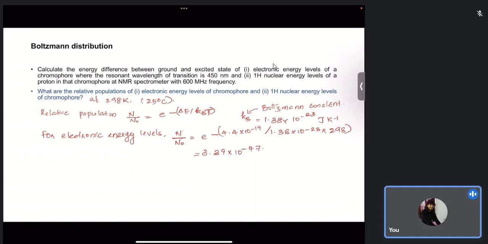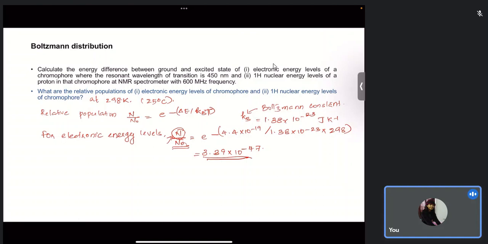This means that the excited state is very less populated compared to the ground state. N is the population of molecules in the excited state compared to the ground state N0. So the relative population of the excited state is very much lesser than the ground state.